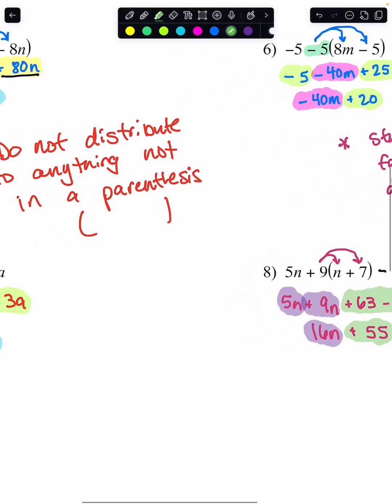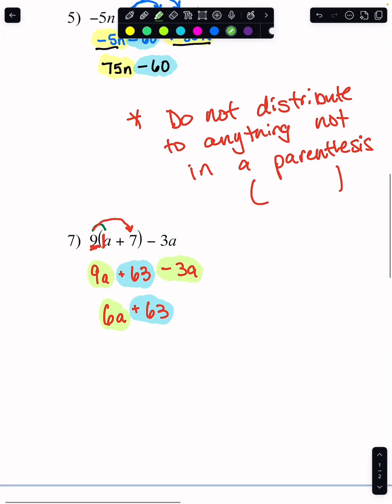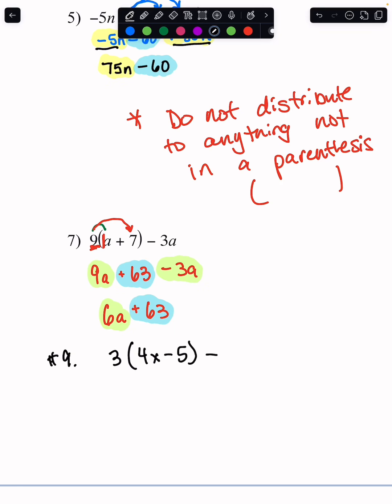Now, I didn't do any on this video, but I'm going to make one more. This is going to be number 9. What happens if I have 4x minus 5 minus 6x plus 1? What happens when I have 2 parentheses? And what happens now is, because I have 2 sets of parentheses, I have to distribute twice.